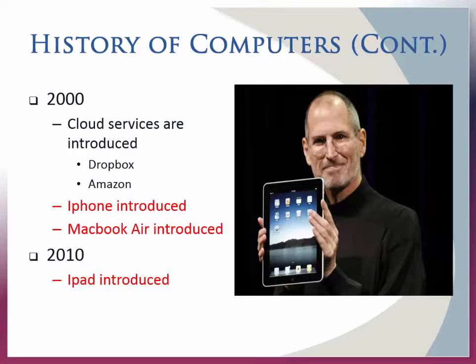Dropbox still today is one of the most popular cloud services where you can store information. Why is this important for mobile computing? Because you have the simple fact of being able to access your data wherever you are. So you don't have to worry about keeping it on a home computer or somewhere else. As long as you have internet access, you can access one of these entities. Amazon has one as well. There's iCloud Drive. There are so many different companies nowadays coming up with these kinds of cloud services.